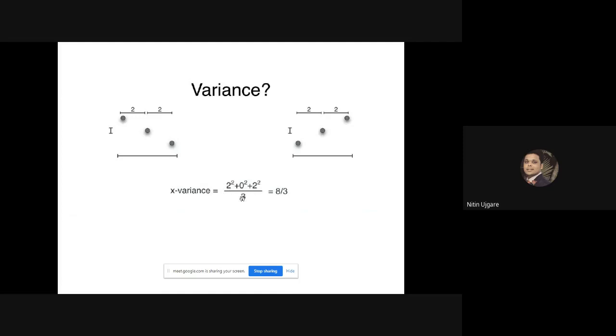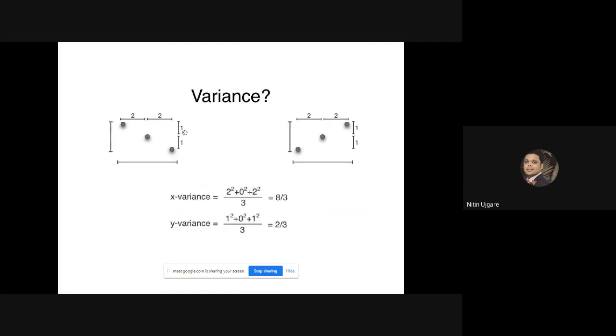So 4 plus 4, 8 divided by 3, that is the x variance. Now y variance is basically 1 square plus 0 square. It is actually minus 1 square, so minus 1 square is actually 1. So 1 plus 1 divided by 3, that is 2 by 3.